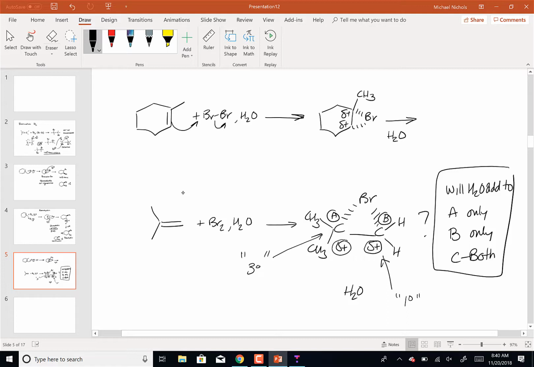Which one has the greatest delta positive charge? A. So in this case, because it's a neutral nucleophile, it has no choice but to donate to A and to attack A.